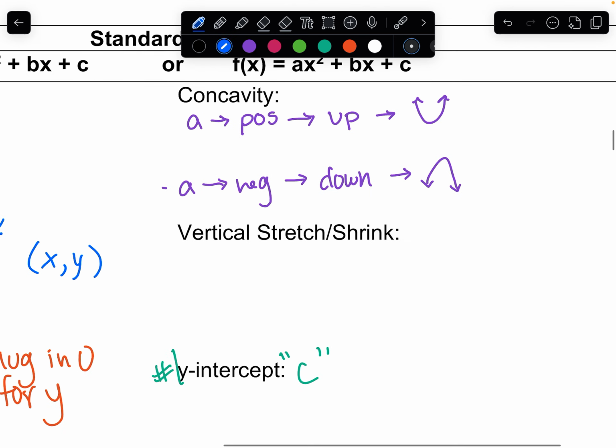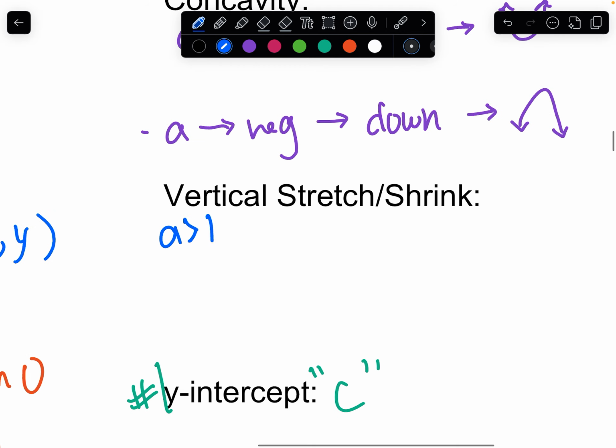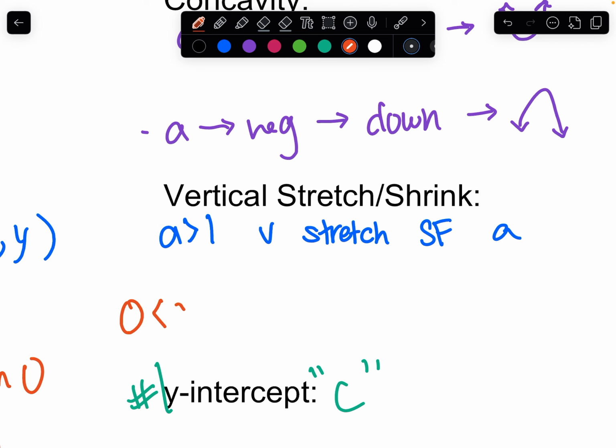And then finally, we have our vertical stretch and shrink. If a is greater than 1, it is a vertical stretch by a scale factor of a. And if it's between 0 and 1, it's a vertical shrink by a scale factor of a.